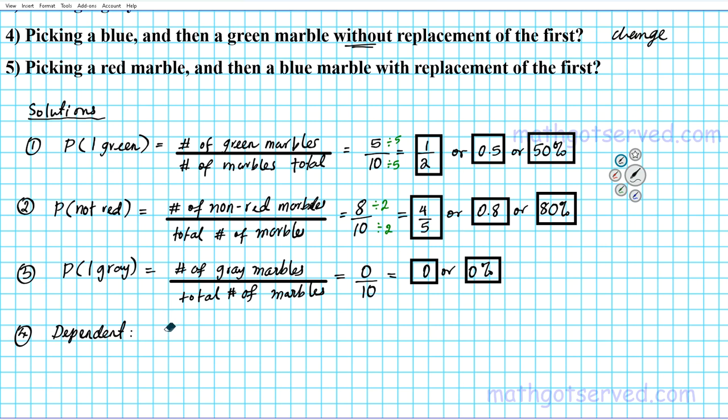All right, so probability of picking a blue, let's just call it B, and a green without replacement, which makes it dependent, is going to be probability of selecting a blue times probability of selecting a green given that a blue is selected. All right, probability of selecting a blue is the number of blue marbles divided by the number of marbles in all.